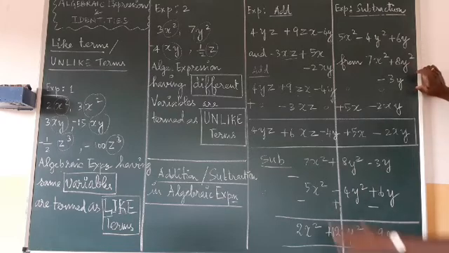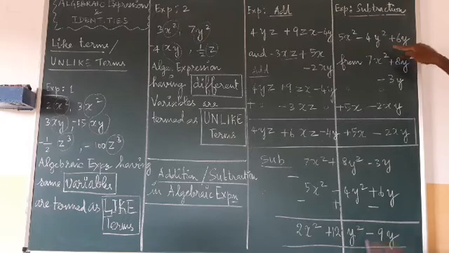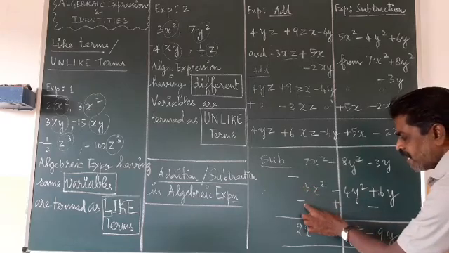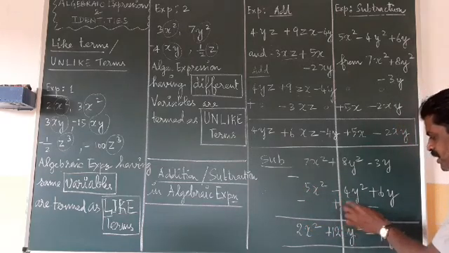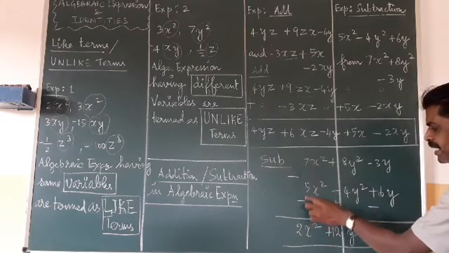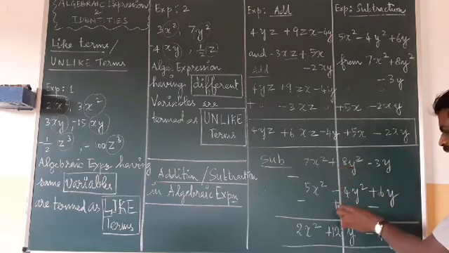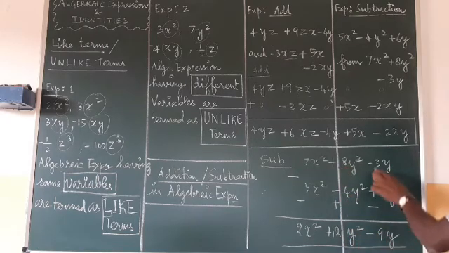Under it I write 5x square minus 4y square plus 6y. Then I am putting minus and changing the sign, the subtraction sign. Plus will become minus, minus will become plus, plus will become minus. Then this sign I am using. 7 minus 5, 2x square. 8 plus 4, 12y square. Minus 3 minus 6, minus 9y.